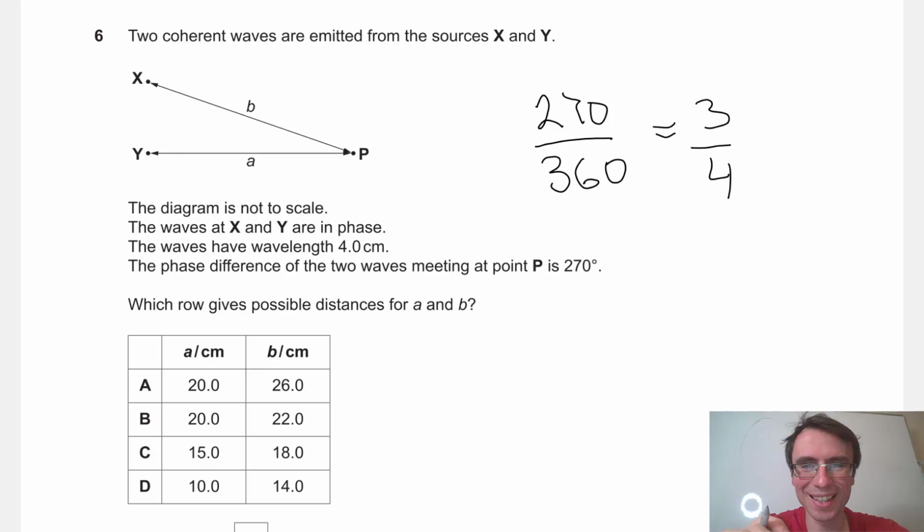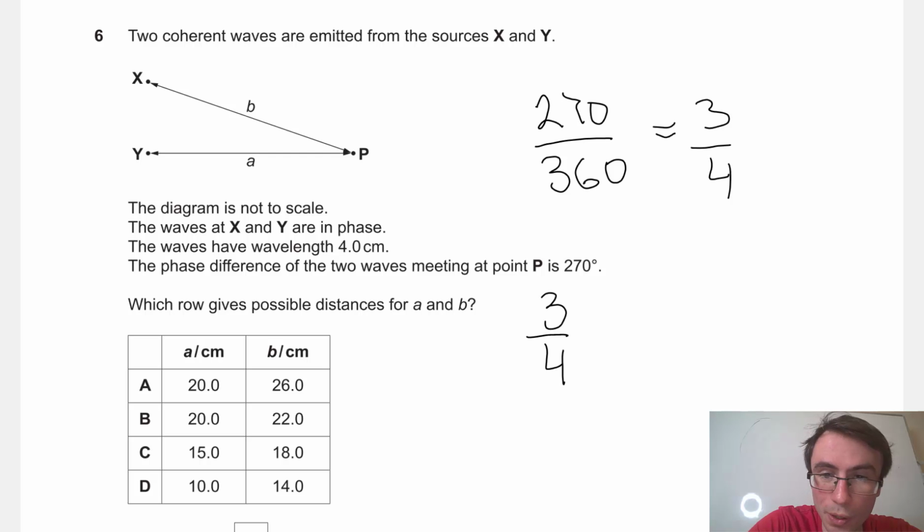Okay, it actually took me a moment to spot this question, but obviously their phase difference is 270 over 360. Now this means that their path difference will have to be 3/4 of an entire wavelength, which is 4 centimeters, which is of course just going to be 3 centimeters.